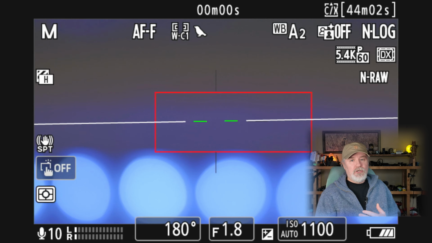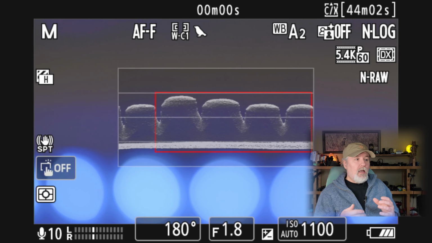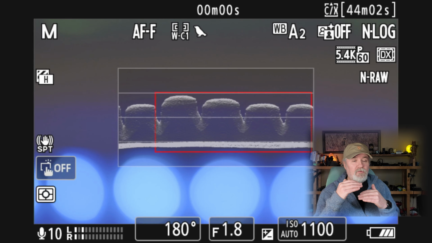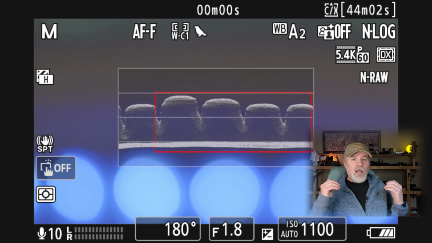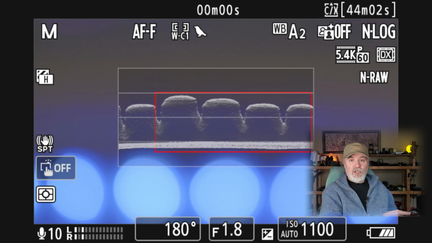But I find for most situations as a wildlife photographer, that base ISO of 800, it might look really blown out in the viewfinder, but if you check your waveform, like you can see here, as long as you're not clipping those whites, NRAW has incredible adjustability in DaVinci Resolve.